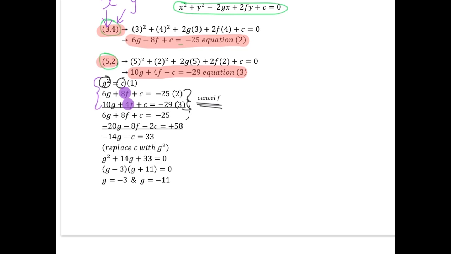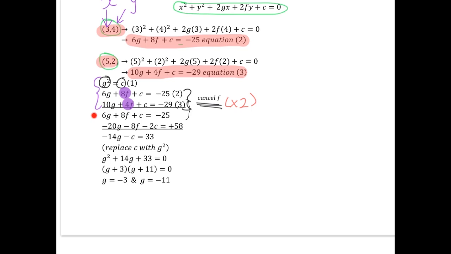Well, if we multiply our equation 3 by 2, equation 2 will be left the same, so 6g plus 8f plus c equals minus 25.